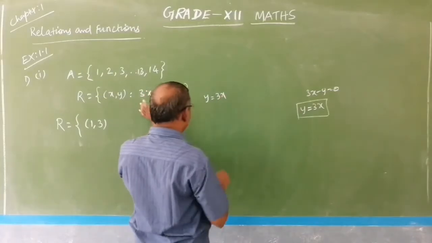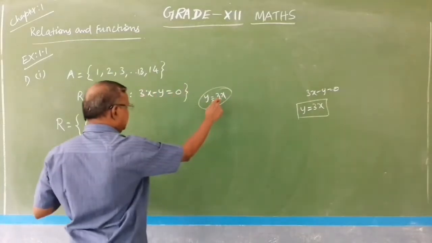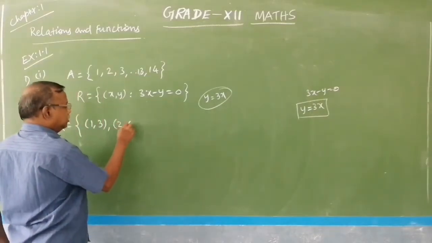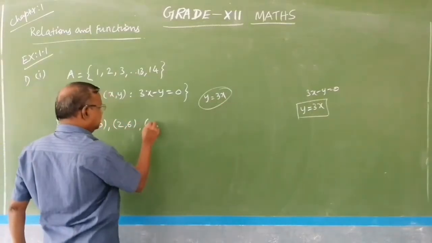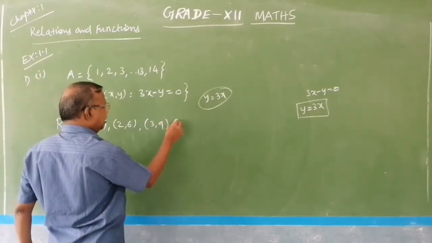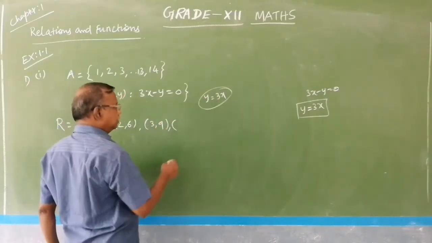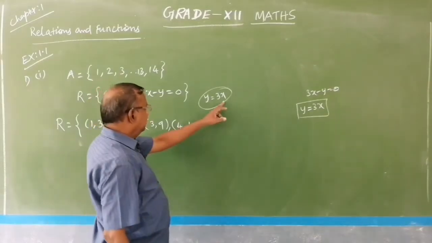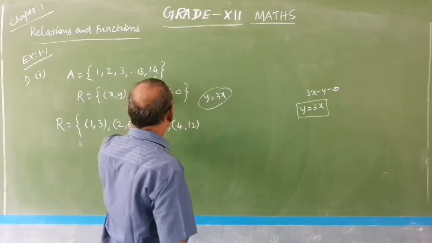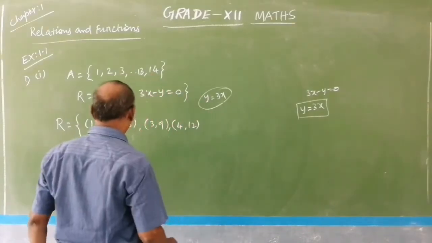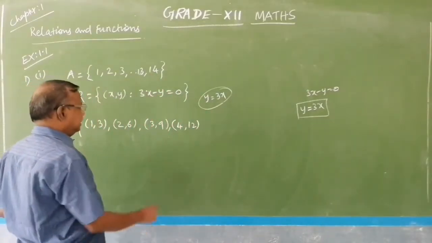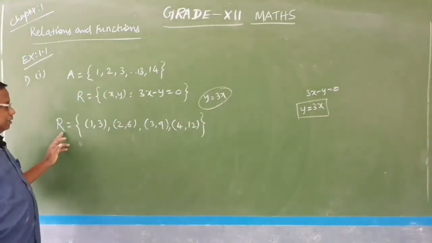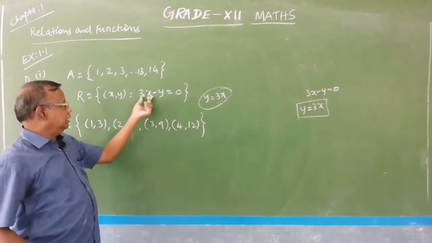Based on this relation, put x equal to 1: 1 comma 3, and 2 comma 6, and 3 comma 9, and 4 comma 12, and 5 comma 15. So 15 does not exist here. So we cannot write any other element like this. So this relation is nothing but y equal to 3x or 3x minus y equal to 0.